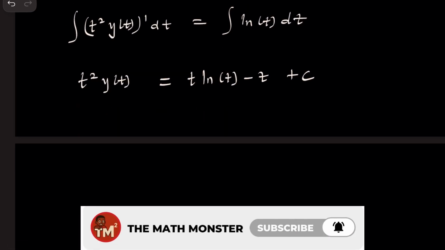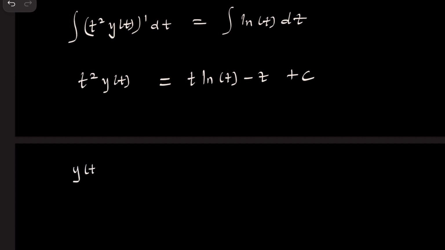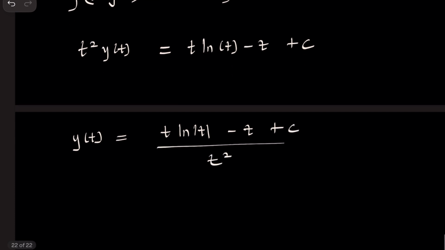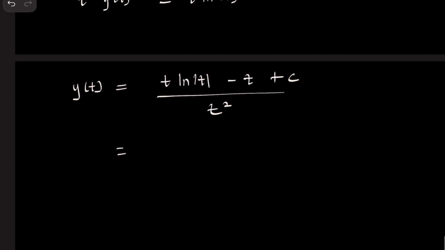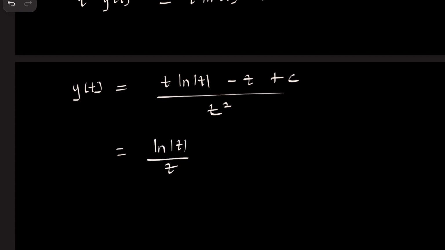We now divide by t² in order to get y(t), and so y(t) will be giving us (t ln t − t + c)/t². And so we are going to have ln t/t − 1/t + c/t².